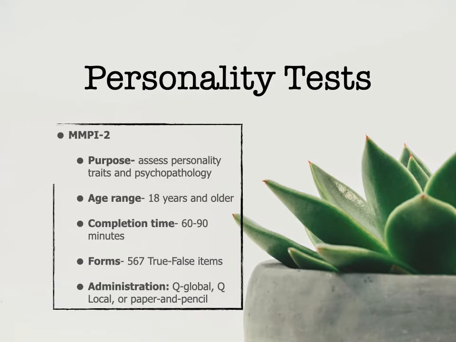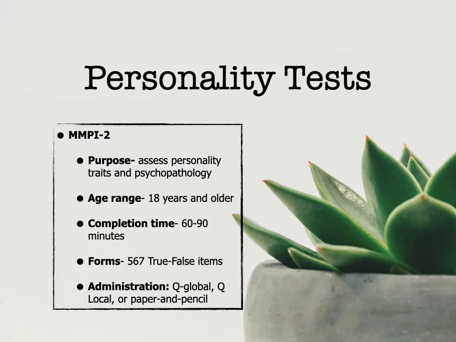So again, the MMPI-2 is used for assessing personality traits and psychopathology. This tool can be administered to clients 18 years and older. It may not be the most appropriate tool when the client is younger than 18.